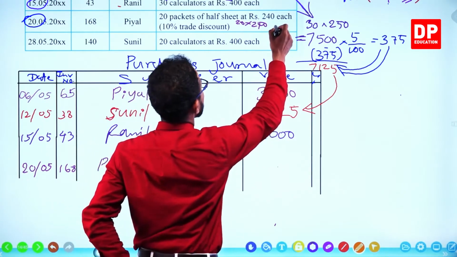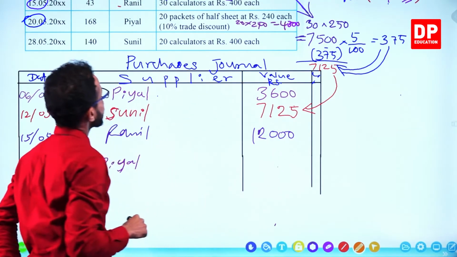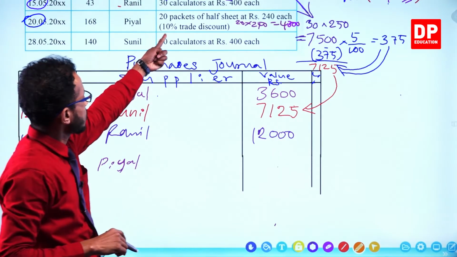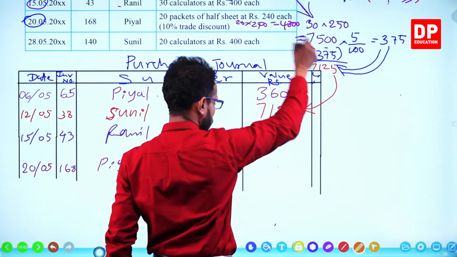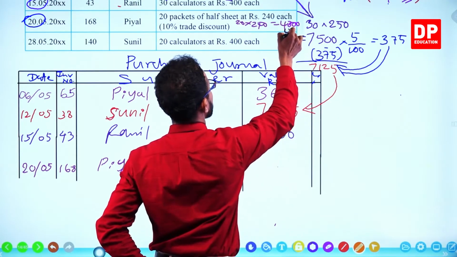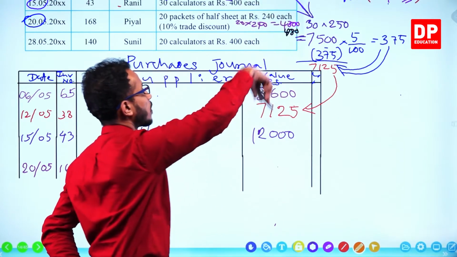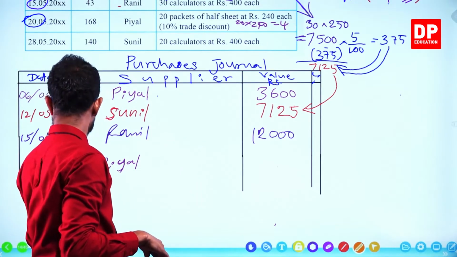And there is a discount involved here. That is 10%. 10% means 480 should be deducted from this. 480 is the discount. Okay?